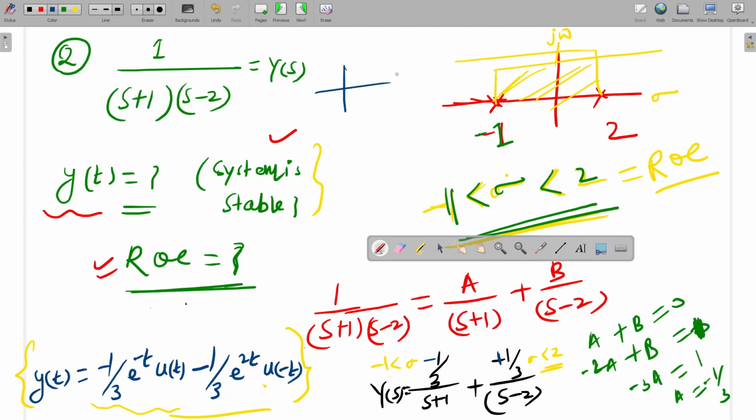So for t greater than 0, as t tends to infinity, our output will become 0.